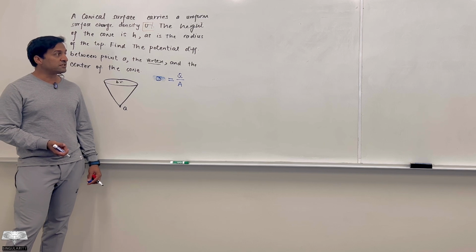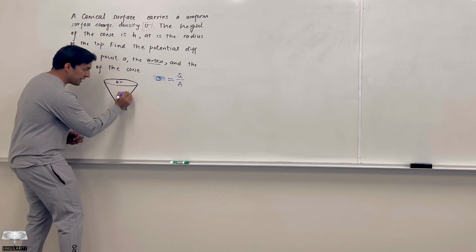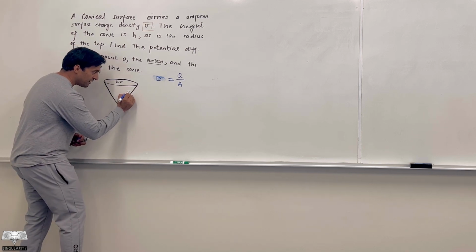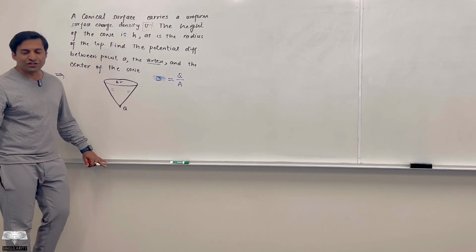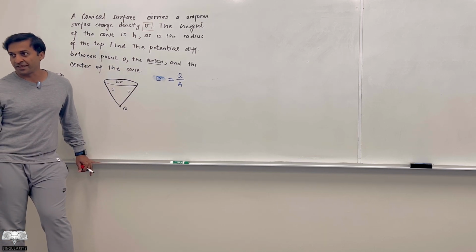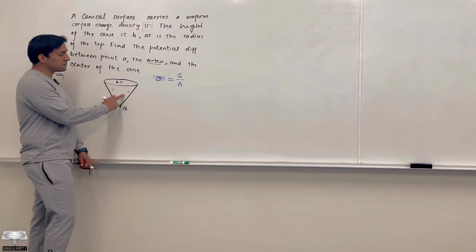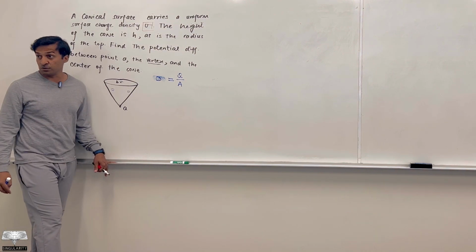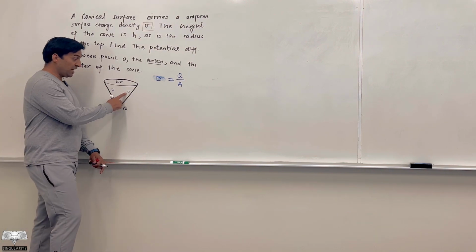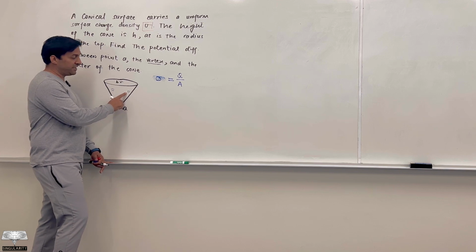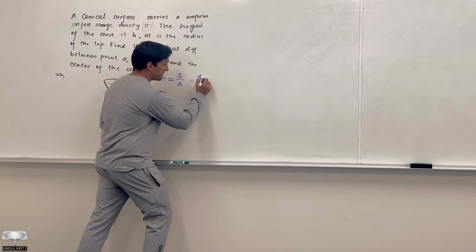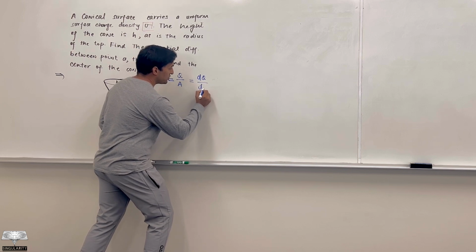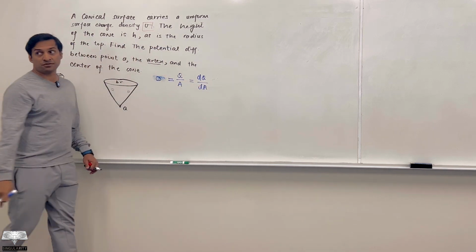This uniform distribution means that if I take two small patches, small area elements out of this surface, considering that they are equal in area, then the charge on these two small patches will also be equal. So if the area of this small patch is dA and the charge on each small patch is dQ, then surface charge density can also be written in this form.